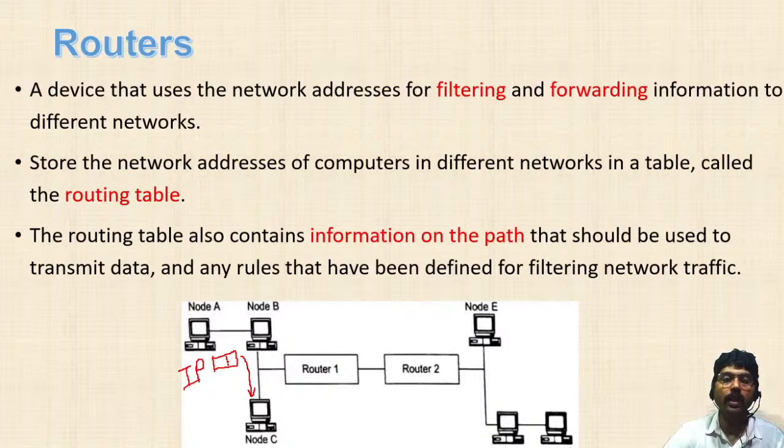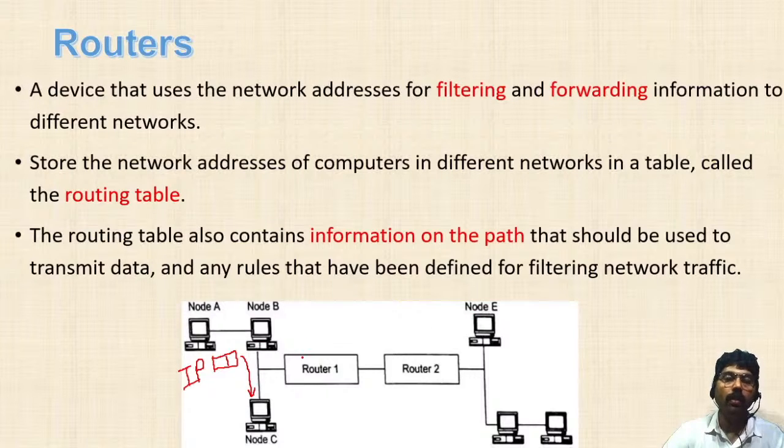The router also receives that packet. It will check the IP address. The router maintains one table called a routing table. This routing table contains the IP addresses of different devices connected locally as well as far away.